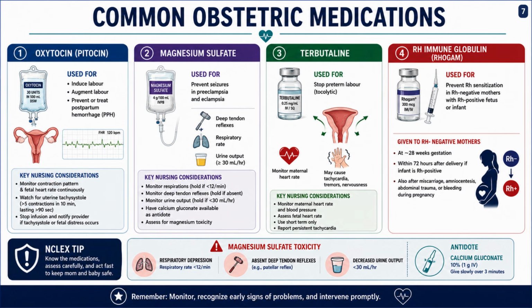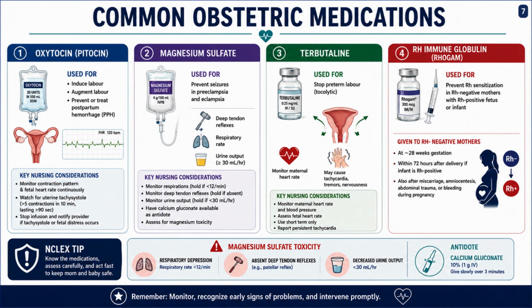Nurses should closely monitor respiratory rate, deep tendon reflexes, and urine output because magnesium is excreted by the kidneys. Toxicity may occur if the medication accumulates, leading to respiratory depression, absent reflexes, and decreased urine output. The antidote for magnesium sulfate toxicity is calcium gluconate, and this should always be readily available.